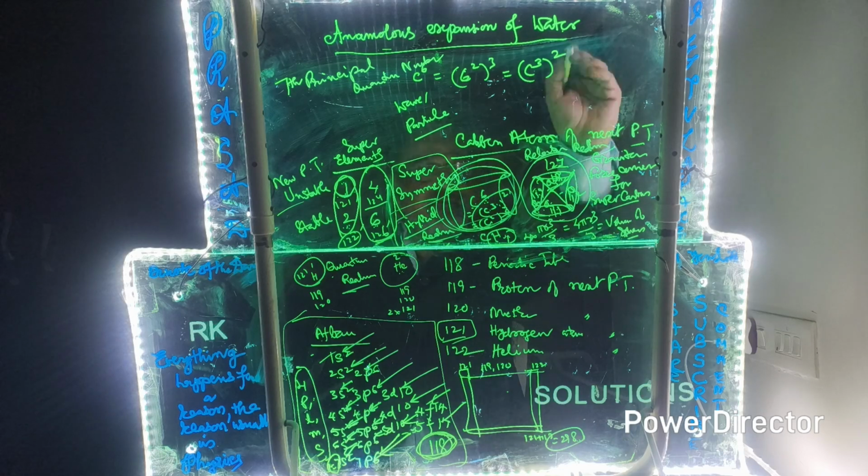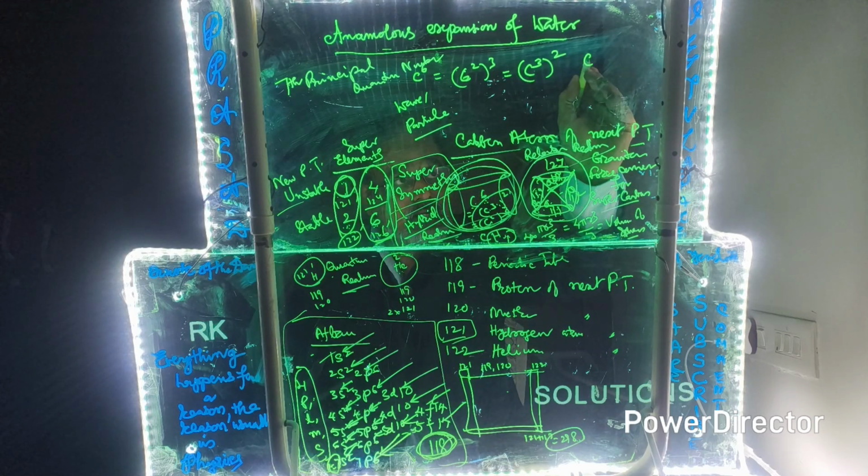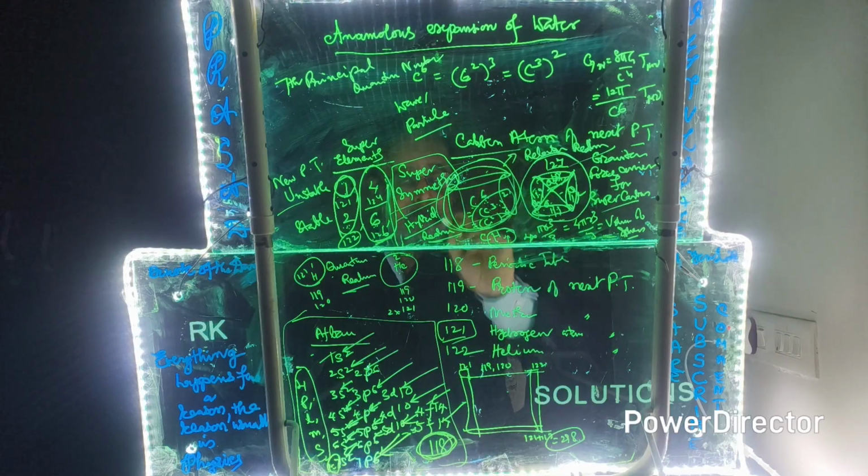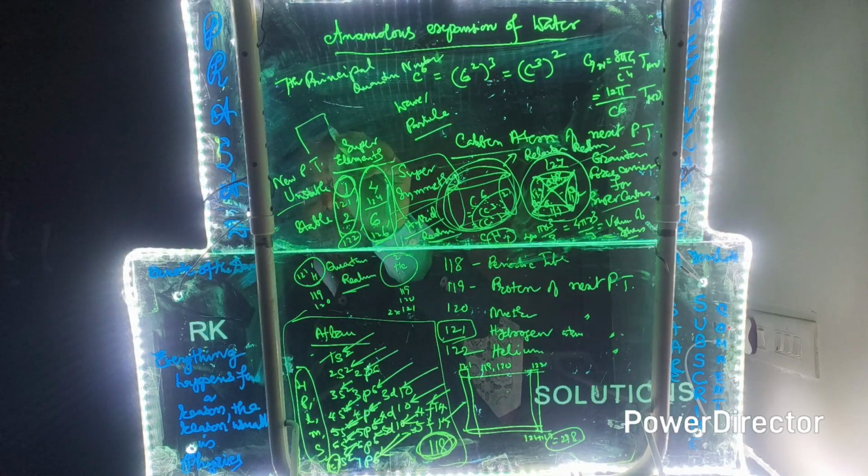That is why I said we should take G mu nu is equal to 8 pi G by c^4 T mu nu. Instead of this, we should take 12 pi by c^6 T mu nu to accommodate this. Why?